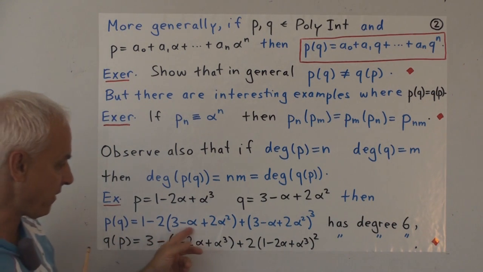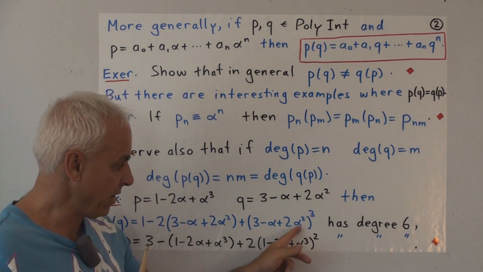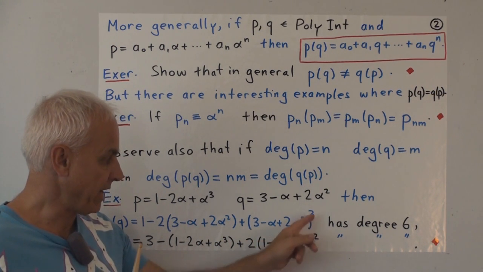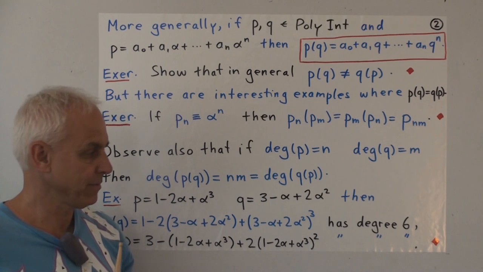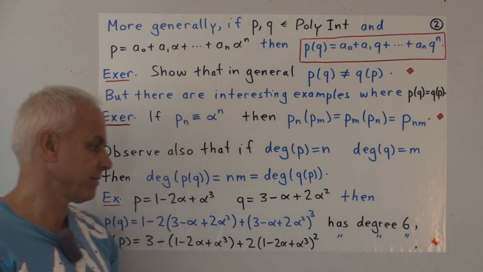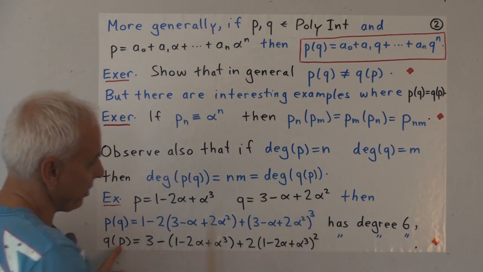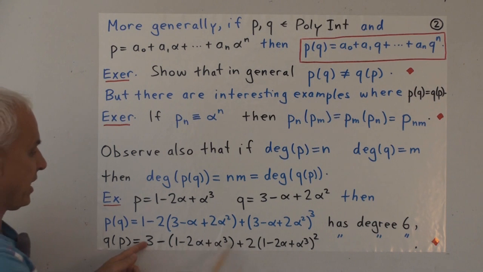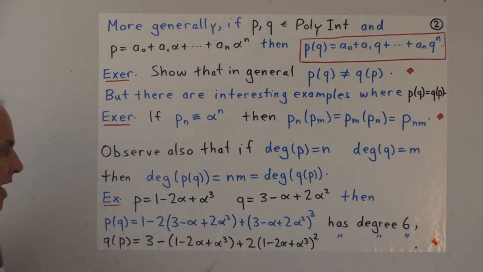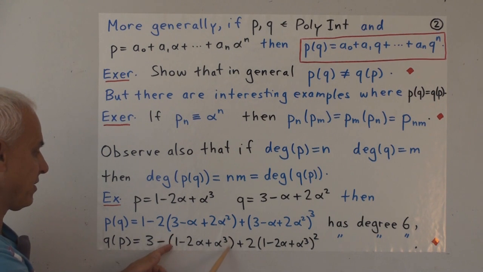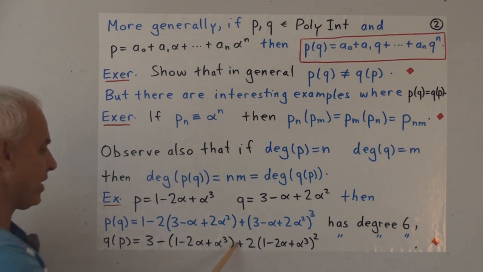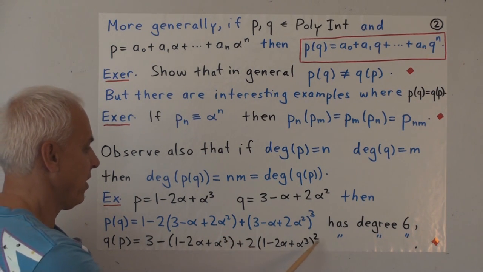And the highest power of alpha will appear right here when we take that alpha squared term and end up cubing it. That'll have degree 6. On the other hand, if we look at q of p, it means we take the polynomial q, there it is there, and substitute p for alpha. So 3 minus, there's q, there's p, plus 2 times, there's p all squared.